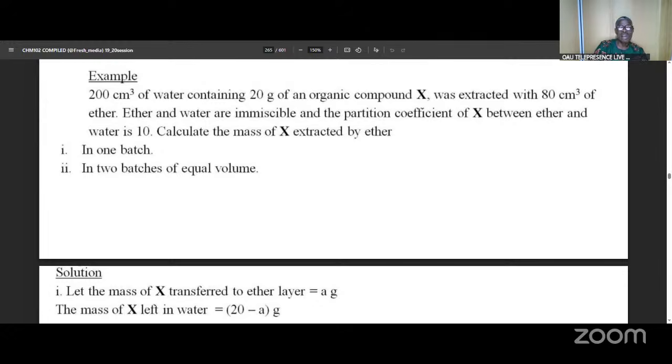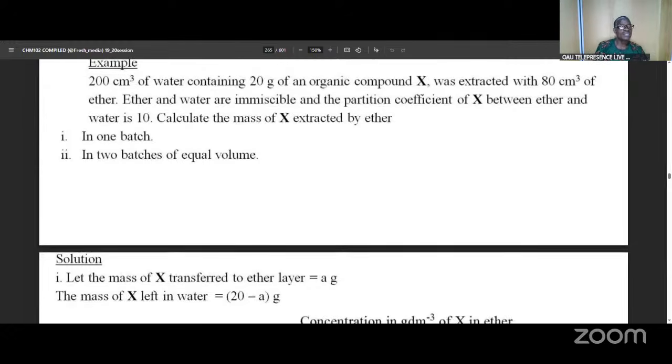So in this problem, we are going to calculate the mass of X extracted by ether in one batch, that is, using the whole 80 centimeter cube of ether, or in two batches of equal volume, that is, we divide the whole 80 centimeter cube of ether into two. So we use 40-40, that means in two batches.